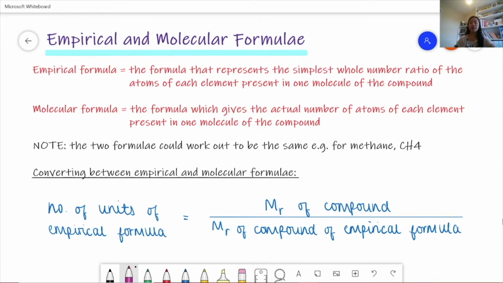So we need to know both of these definitions because you'll be asked to write these two different formulae. So first we have the empirical formula, and this formula is the one which represents the simplest whole number ratio of all the atoms of each element which are present in one molecule of the compound.